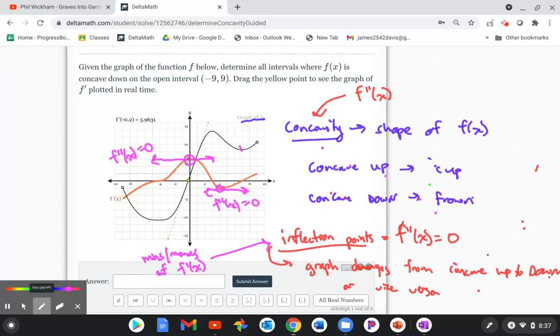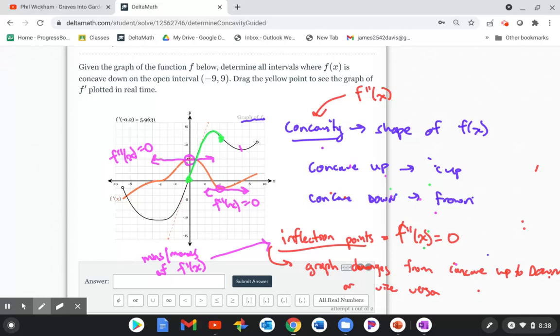So the concave down section we're looking for goes from here up until, looks like actually about 4. If we had guessed 5, it would have been off, because it is at 4. That's where the minimum occurs, right? At 5, it's actually increasing there.